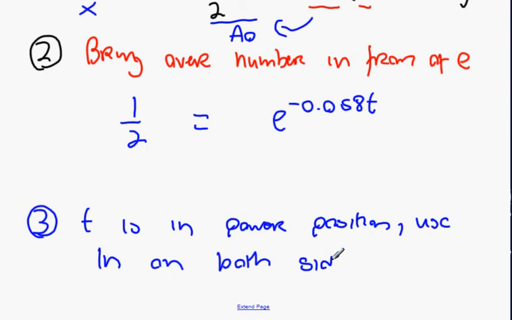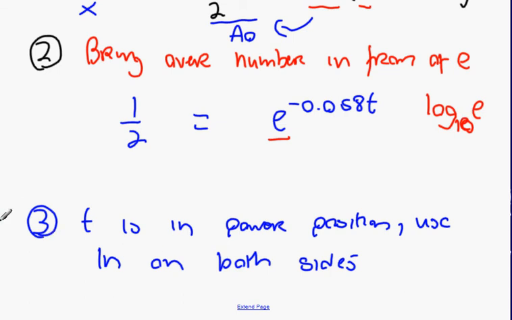Now, why do I use ln and not log base 10? I'm trying to get rid of the e, and the only thing that gets rid of an e is base e. If it's base 10, that doesn't equal 1 because the base isn't the same as e. So that's why we specifically use ln for these questions.